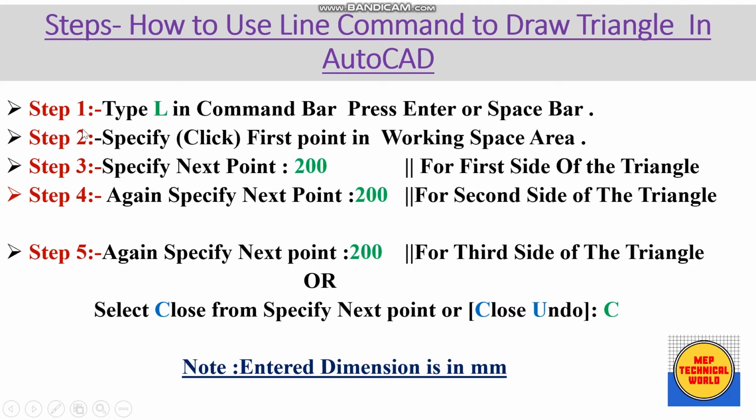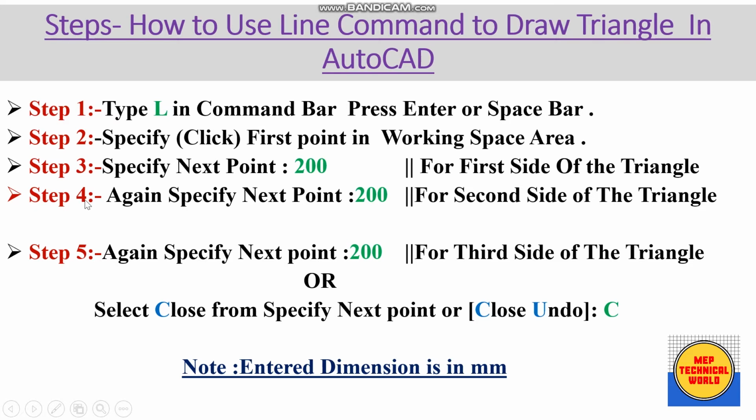So step 1, type L in command bar, press enter or space bar. Step 2, specify first point in working space area. Step 3, specify next points, which is 200 mm for first side of the triangle.